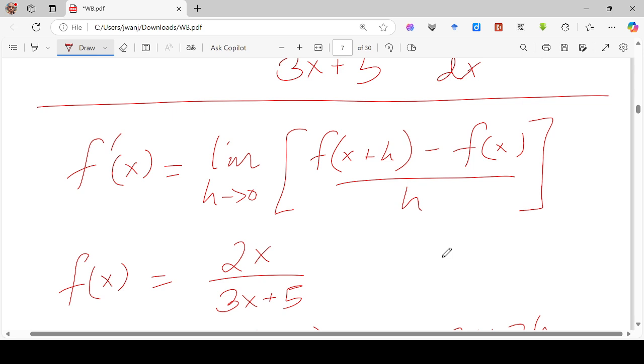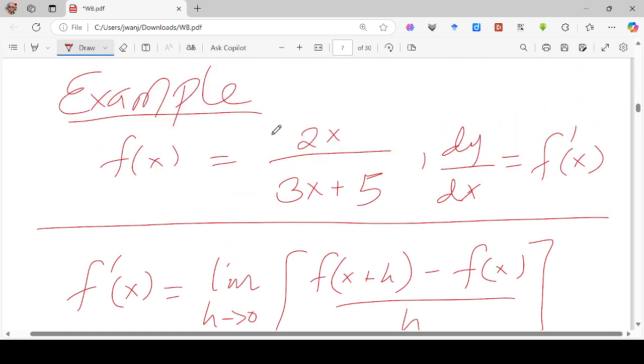We can always replace h by delta x, meaning a small change in x, but I prefer to use h. Then the function f of x is given. When you write f of x plus h, you just replace x whenever it occurs with x plus h.